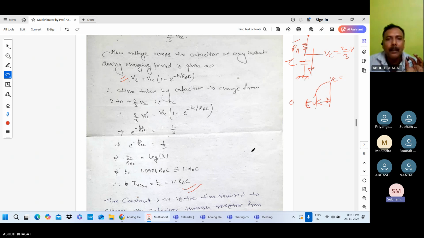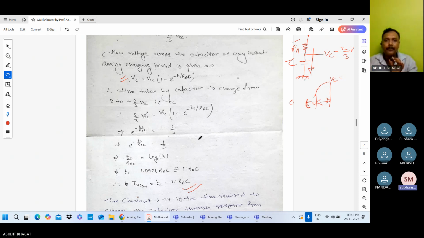Clear it is? Mathematics is clear? Yes, no? Just you put the values in the standard formula. So VC is reached to 2 by 3 VCC. Here T is your charging time TC, and the rest are the same.